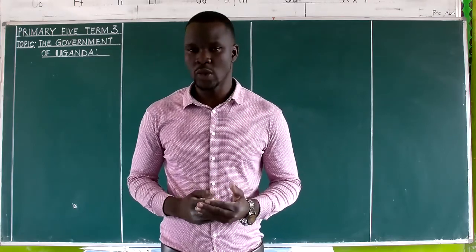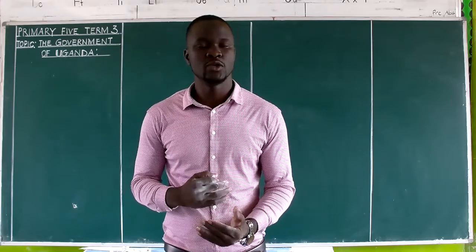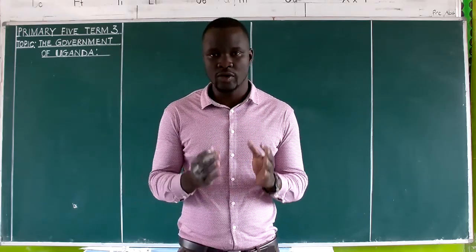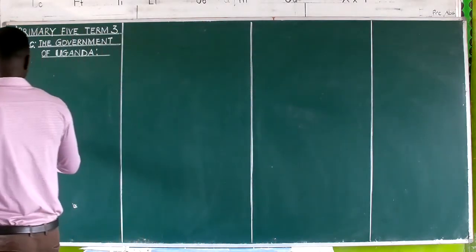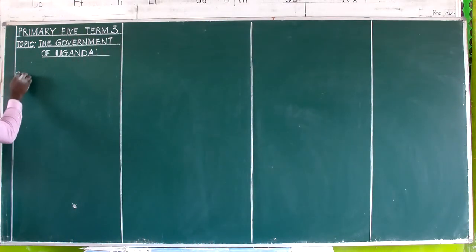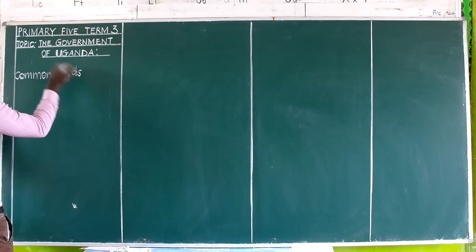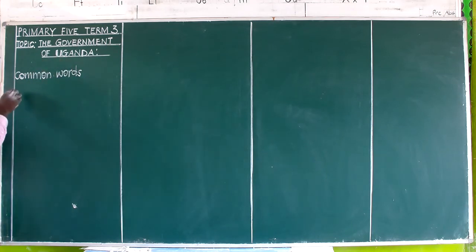When we have a topic like this, dear viewer, there are some words that we need to get used to. I mean, we need to be able to define them and we need to be able to write them correctly. One of these words, we can call them common words, is the very word government.